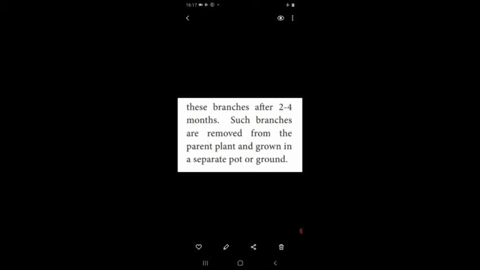After 2 to 4 weeks or a month, the root emerges outside in the nodal region. At that time, we have to remove it from the parental plant and allow the young plant to grow in a separate pot or in the ground. That is called air layering.